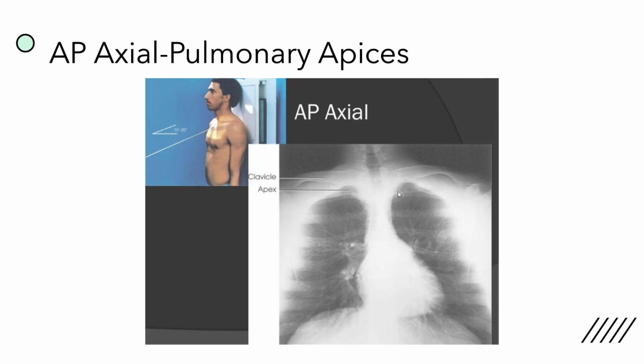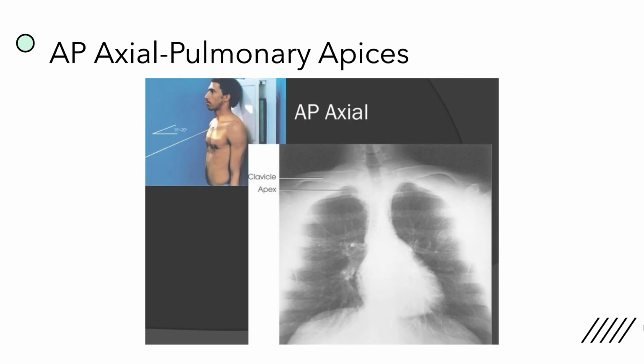We can see the apices nice and clear. Patient's not in a lordotic position, and sometimes, depending on the patient, they can't perform the lordotic position because of certain factors. Maybe an elderly person can't hold that position at fear of risk of fall. So this is a way that we can do it and still see those lung apices just by using a tube tilt instead.